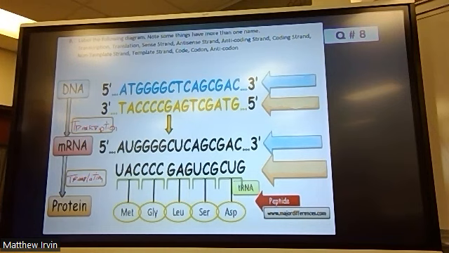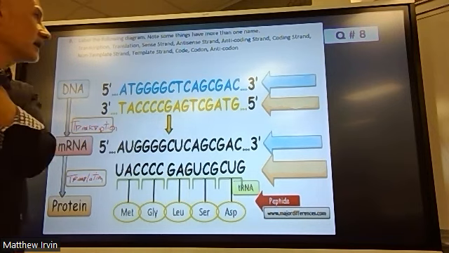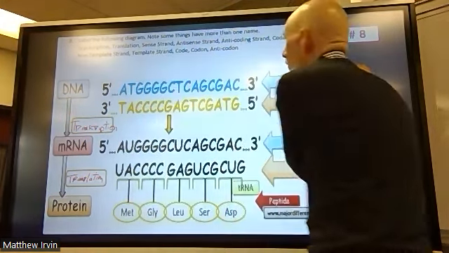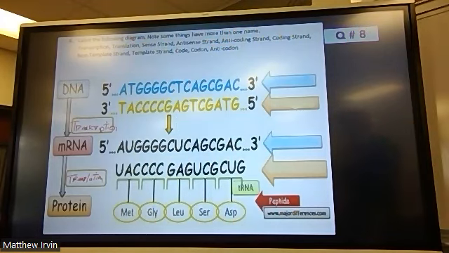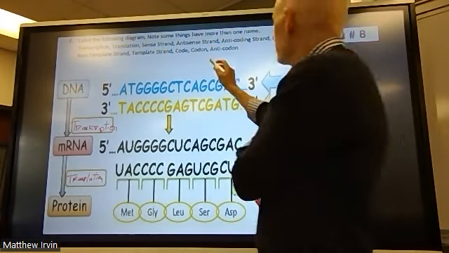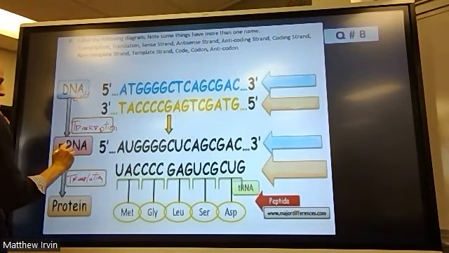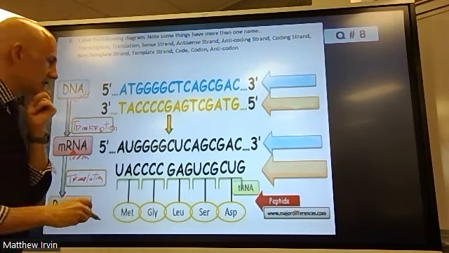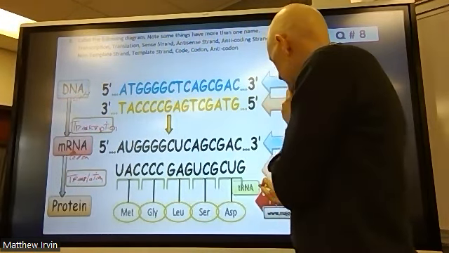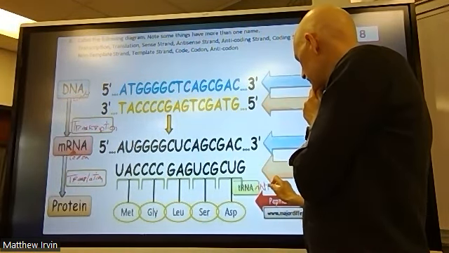Then we've got all these other terms labeling the DNA. So the code is your DNA, and this is your codon, and then your tRNA down here, that's your anticodon.